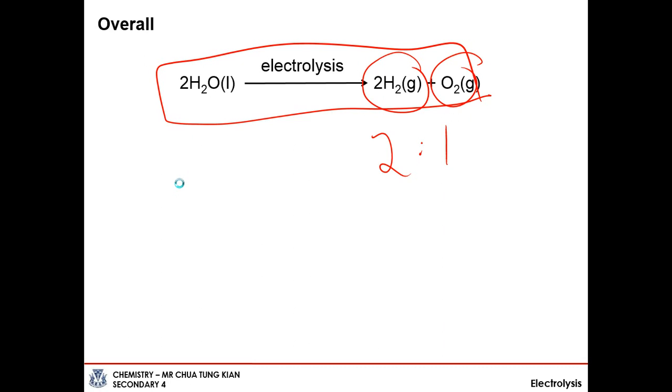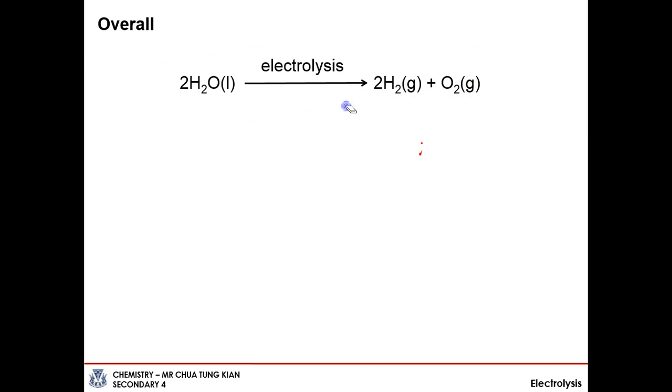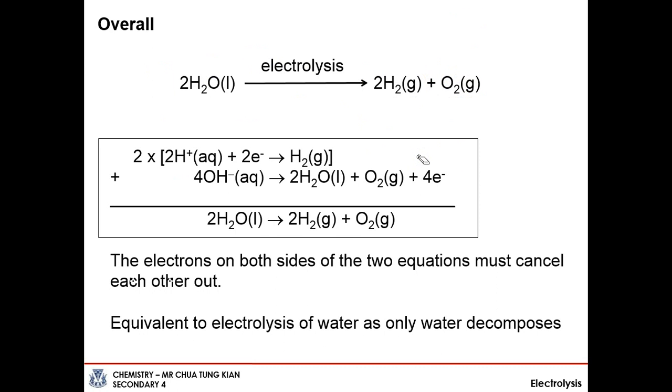So at the end of the day, the overall reaction is this. This is the first half equation. This is the second half equation. We must cancel out the electrons on both sides, so we times 2 to the equation here, and we get 2H2O giving you 2H2 and O2. So only water decomposes in the electrolysis of dilute sulfuric acid.